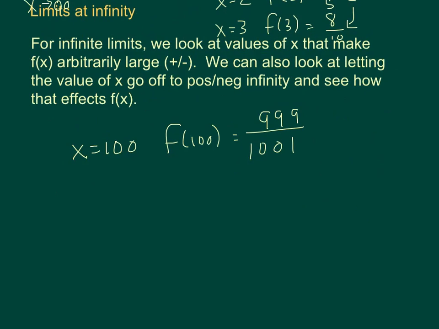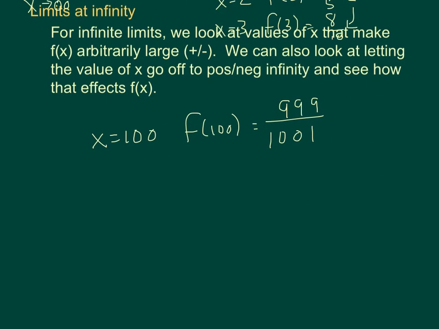And as x takes on very large numbers, f of x looks like it's approaching a particular value, and that value seems to be 1. We could continue doing this, but I think 999 over 1001 is pretty darn close to 1. So we know that the limit as x approaches infinity of f of x is equal to 1.